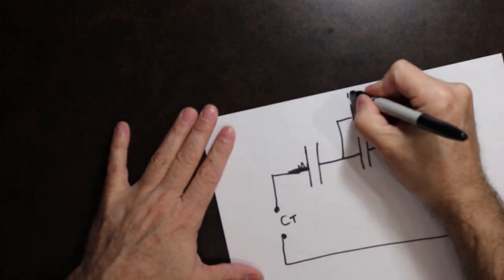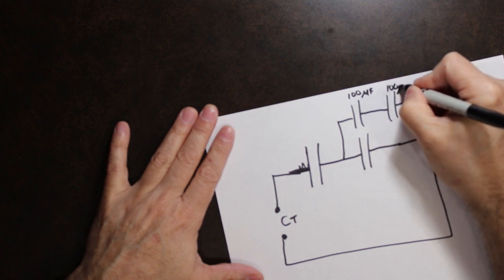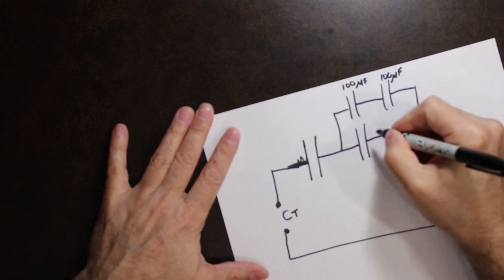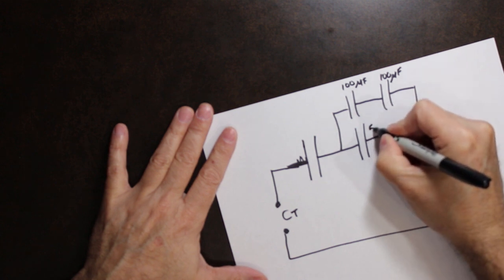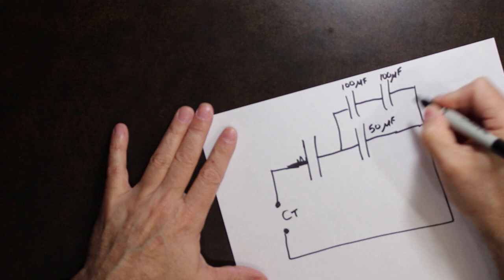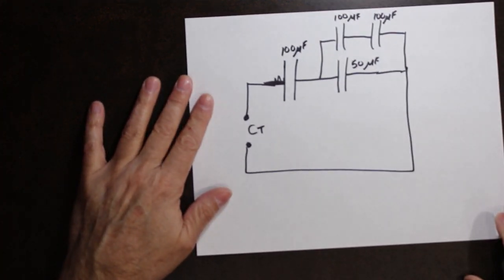So I'm going to make this 100 microfarads. This one's going to be 100 microfarads. This one here I'm going to make 50 microfarads. And this one I'm going to make 100 microfarads.